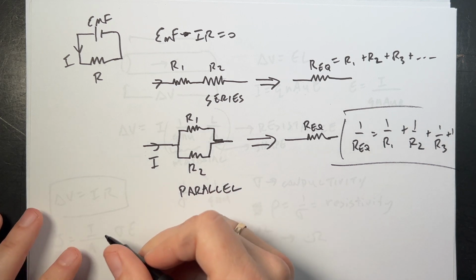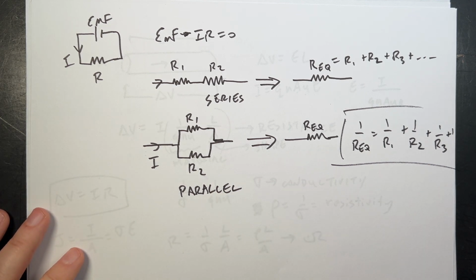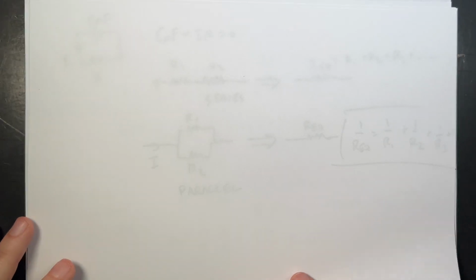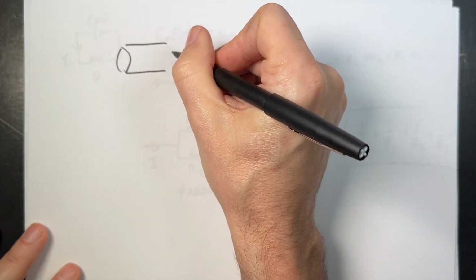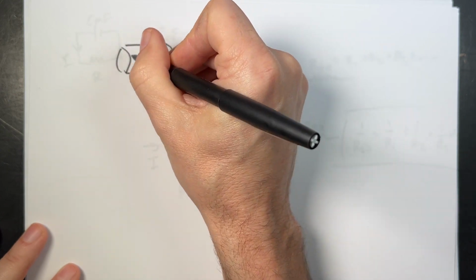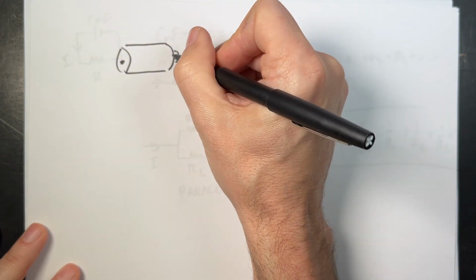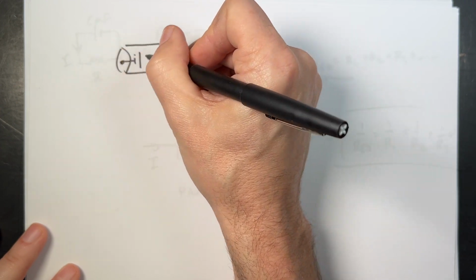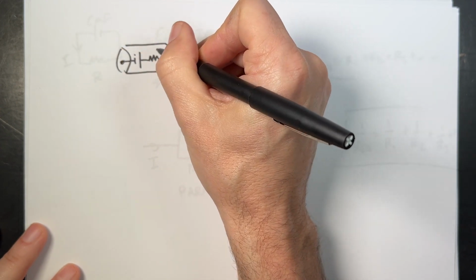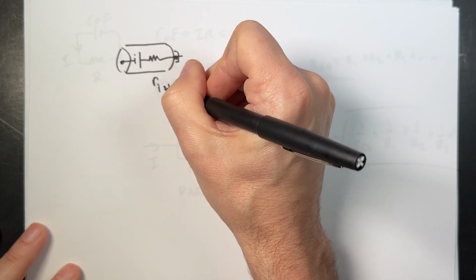Let's look at a battery. And then I'll do the RC circuit. A real battery looks like this. We can model a real battery as having two ends, an ideal battery with internal resistance R int.